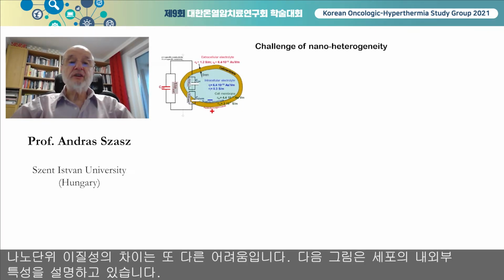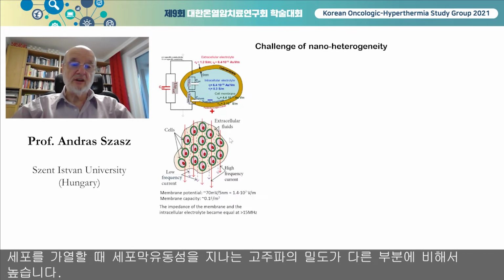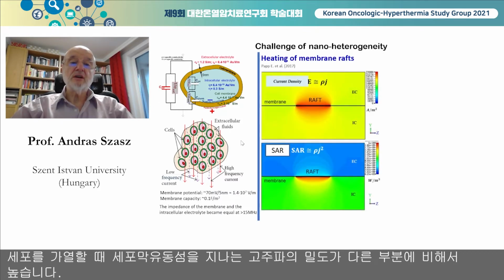The change of the nanoheterogeneity is again a challenge. You see here is the cell and different parameters inside and outside and the membrane of the cell, and differences in the current, like I had shown before. And with this calculation, the heating of membrane rafts is very clearly shown: the current density, which is linear with J, is much higher in rafts than in other areas.